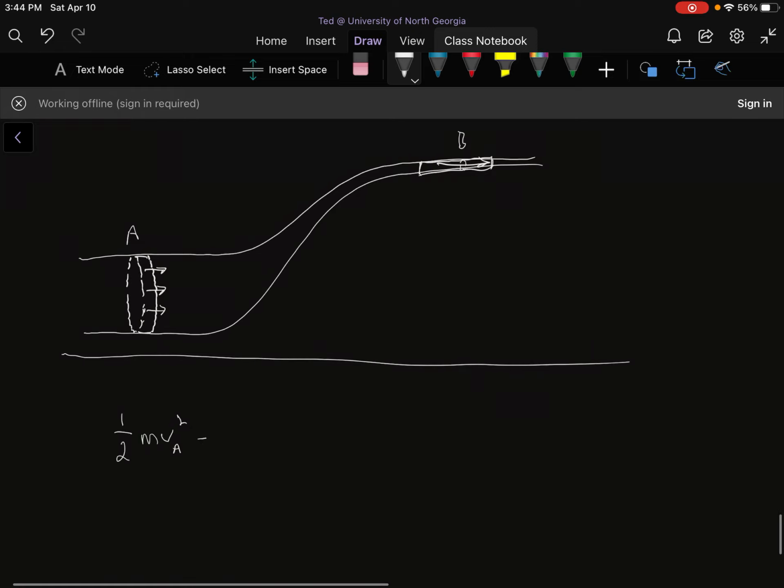It's going to have potential energy, mgh. I'll call it h, I don't remember what the textbook does, but we'll call this the height of the water at point A. And if we believe in conservation of energy, then it should equal the energy of the water when it's up here at point B.